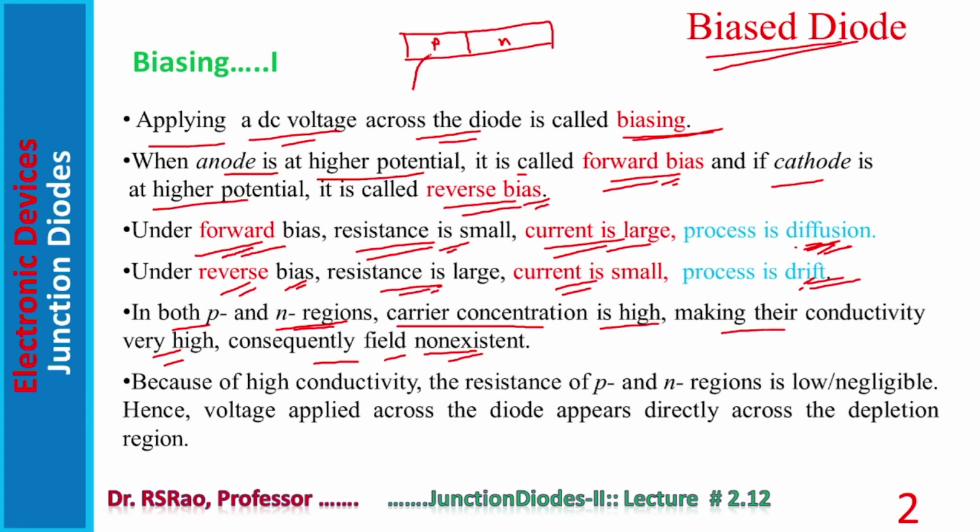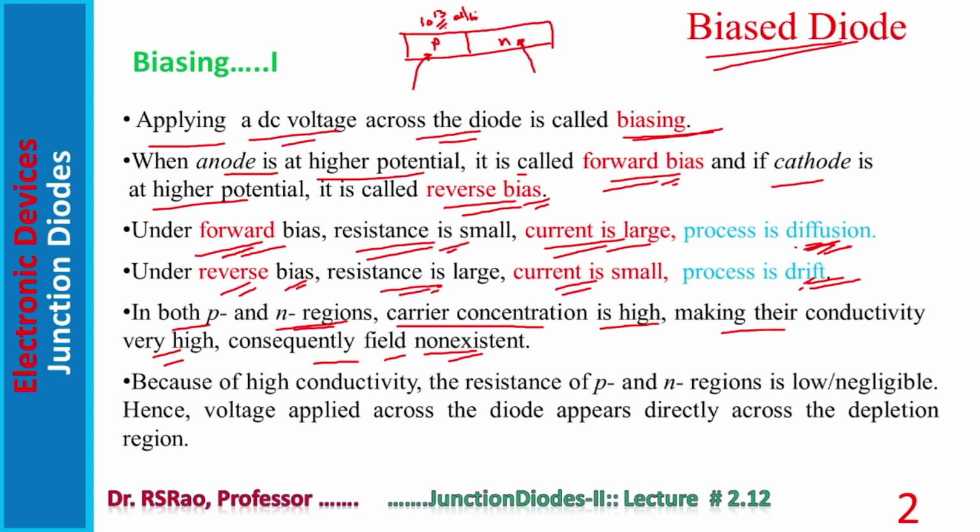Carrier concentration on the P side or N side is approximately equal to impurity concentration. Impurity concentration is usually 10 power 12 or 13 atoms per cm cube. This 10 power 13 is a huge number.